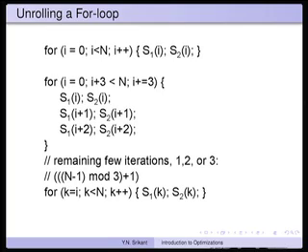Here is a for loop, i equal to 0, i less than n and i plus plus, with the two statements S1 and S2. The i inside parenthesis indicates that this is the ith instance of the loop iteration.